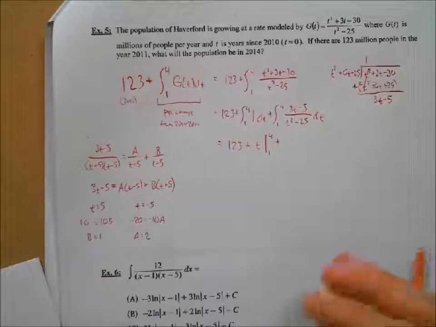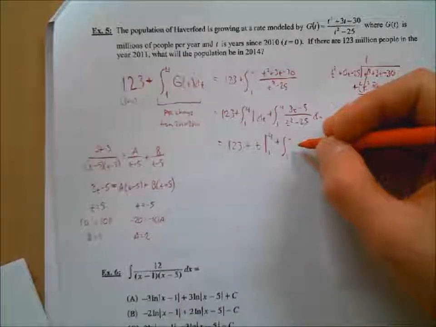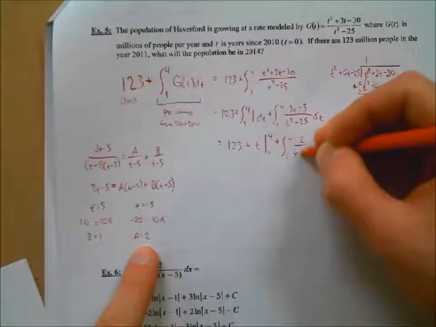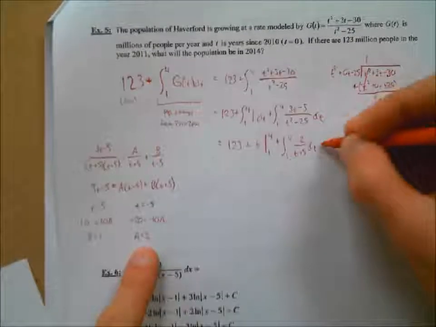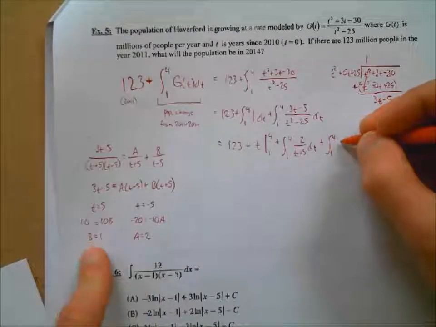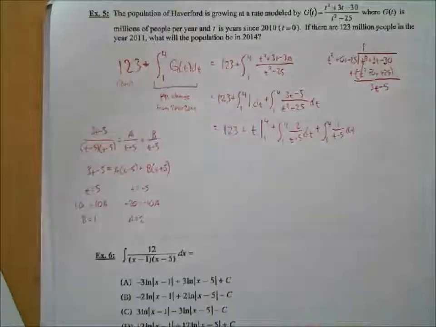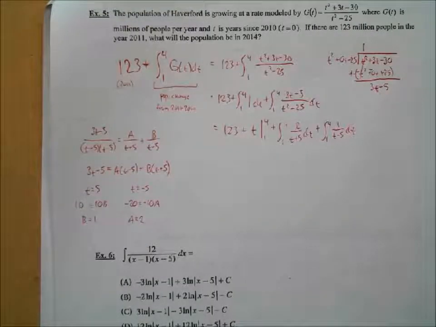So if that's the case, then we can break this up to be the integral from 1 to 4 of 2 over (t plus 5) dt, plus the integral from 1 to 4 of 1 over (t minus 5) dt. So good.